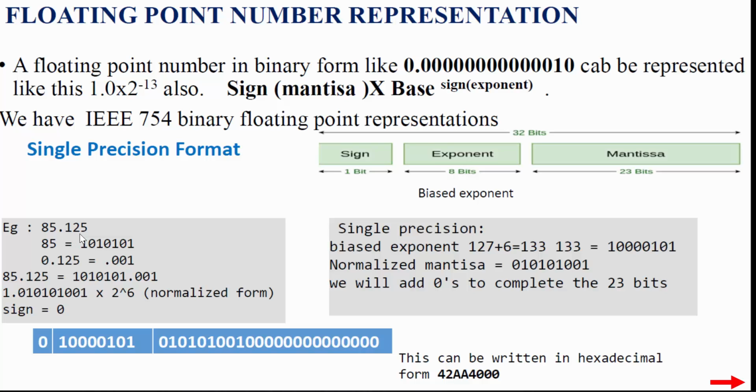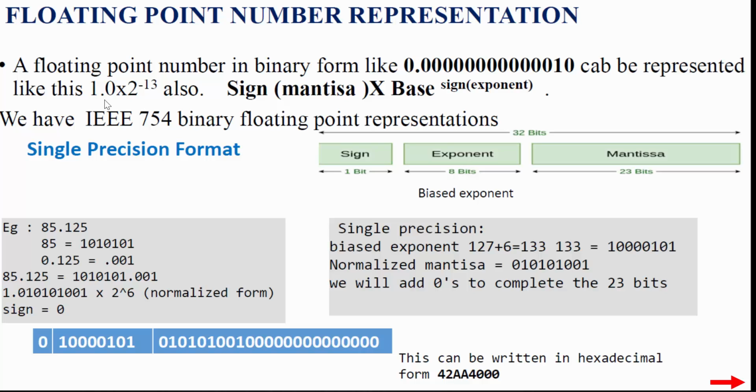Next, .125 we need to convert into binary. We get a binary equivalent like this, 0.001. So 85.125 is actually equal to 1010101.001.